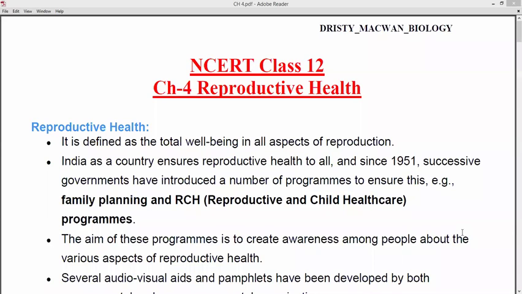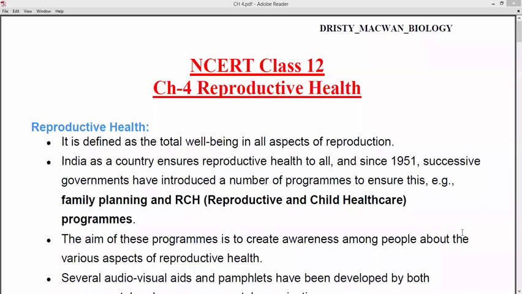Now, India as a country ensures reproductive health to all. You might have heard that there are several seminars organized at the school level in order to generate awareness related to reproductive health, and this has been occurring since 1951, and the successive governments have introduced a number of programs to ensure this.